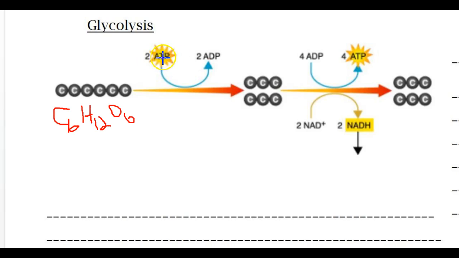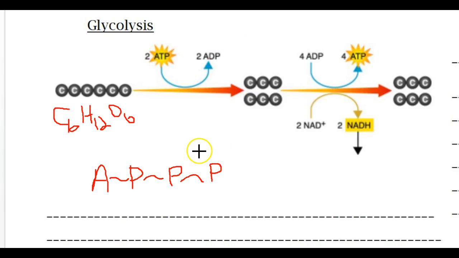So here's our ATP. This ATP is going to break. Remember, if I draw ATP, here's A, and then a high energy bond with a phosphate. This is one phosphate, and a high energy bond, and another phosphate, and a high energy bond, and another phosphate. Let's go for blue.